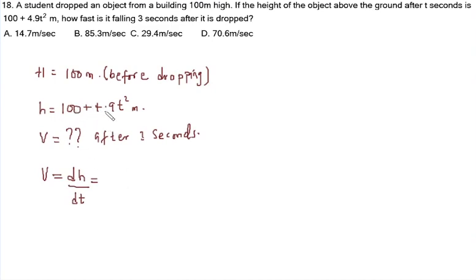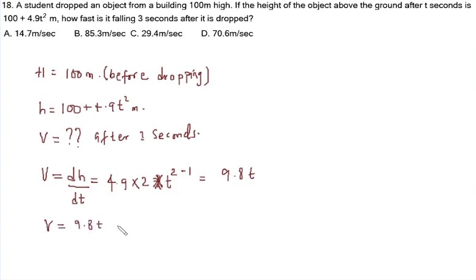So differentiating 4.9 t squared, we have 4.9 times 2 times t to the power of 2 minus 1. So this is equal to 4.9 times 2 is 9.8 t. 2 minus 1 is 1, so 9.8 t. So the velocity is equal to 9.8 t.